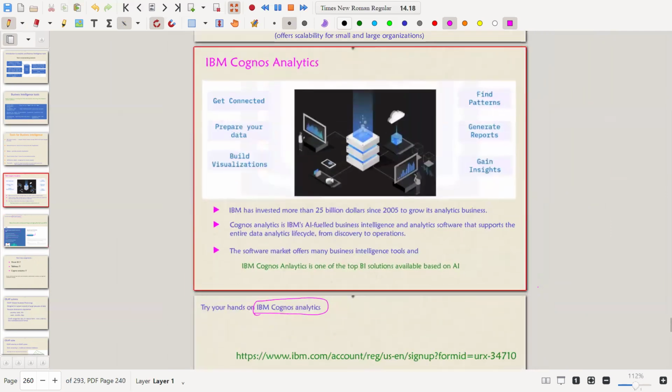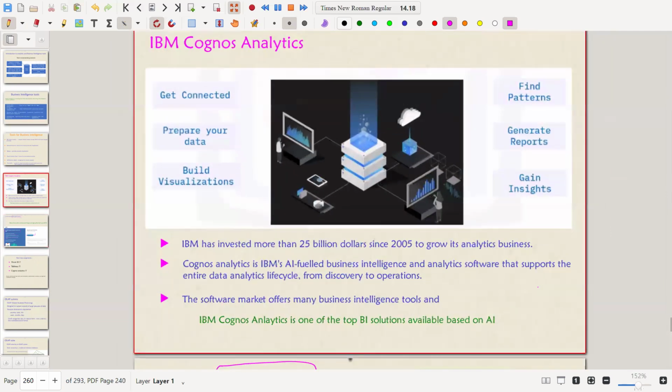So a bit more about this IBM Cognos Analytics. You can prepare your data, build visualizations, find patterns, generate reports, gain insights about the data being fed. As you can see in this point, IBM has invested more than $25 billion since 2005 to grow its analytics business. Cognos Analytics is IBM's AI-fueled business intelligence and analytics software that supports the entire data analytics lifecycle.